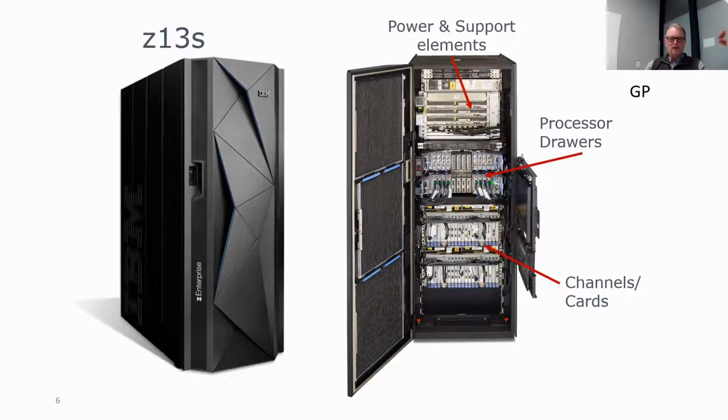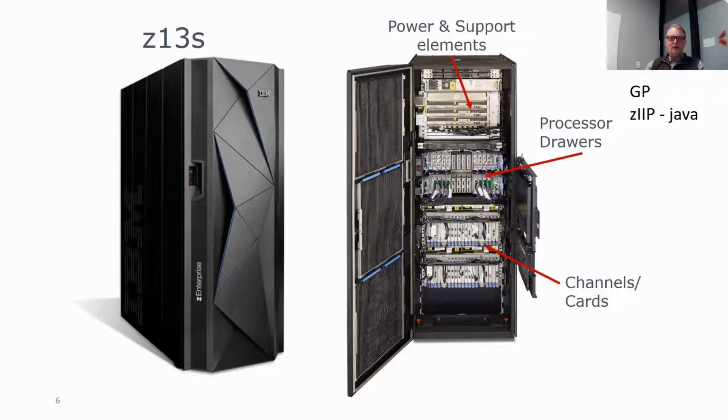The processors in the drawers are virtually the same hardware, but they can be configured to operate a little differently. The most common one would be a GP, or a general purpose processor. That's where all of the instructions for your machine are actually executed. In addition to that, there is what's called a specialty processor engine. That's a zIIP engine, Z-I-I-P, and that is used to run Java workload.